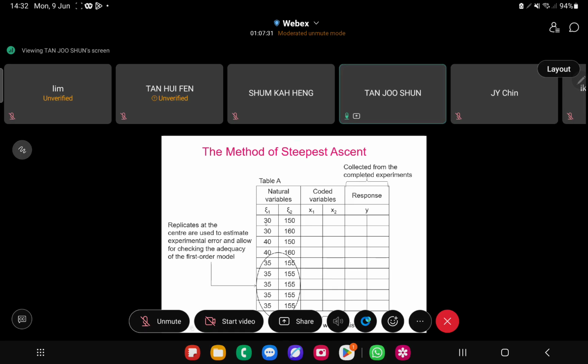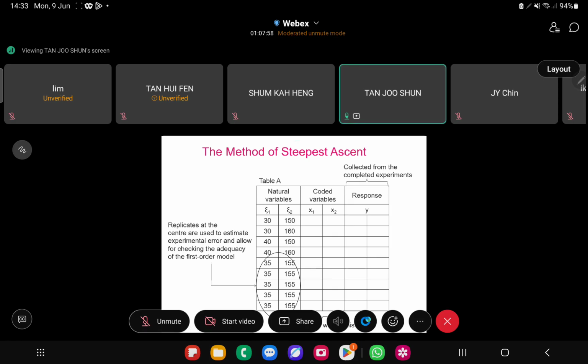So 30 minutes to 40 minutes is the actual value. 150 Fahrenheit to 160 Fahrenheit are the actual values. So the coded values will be -1, 0, and +1. +1 means the highest value, the high level.